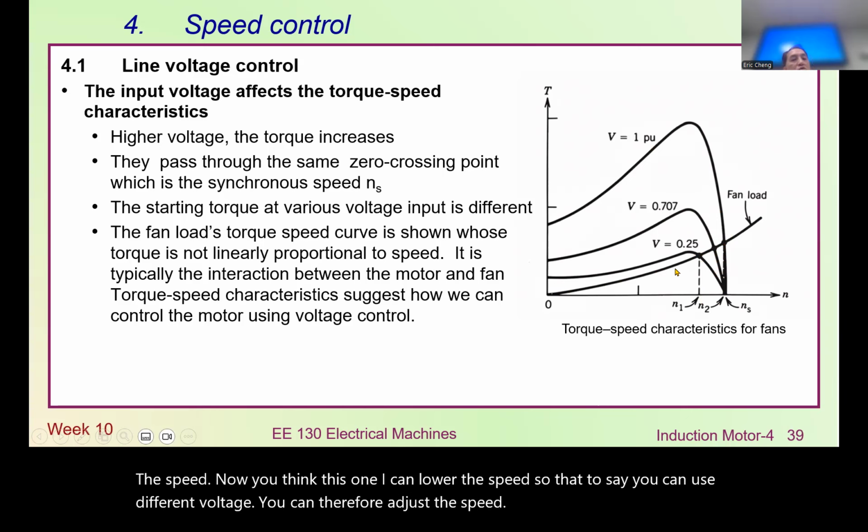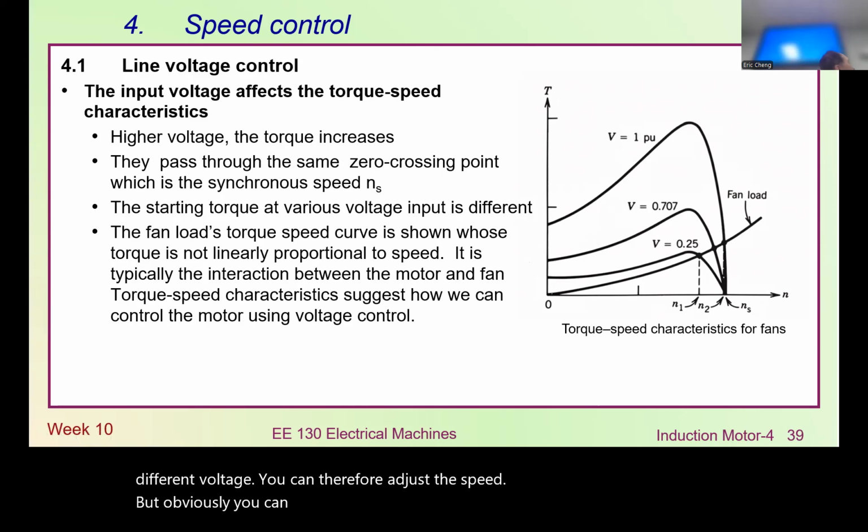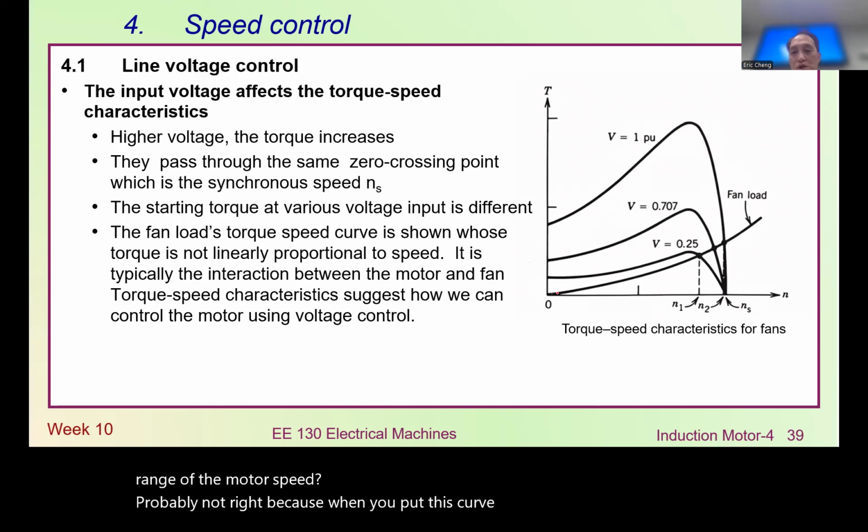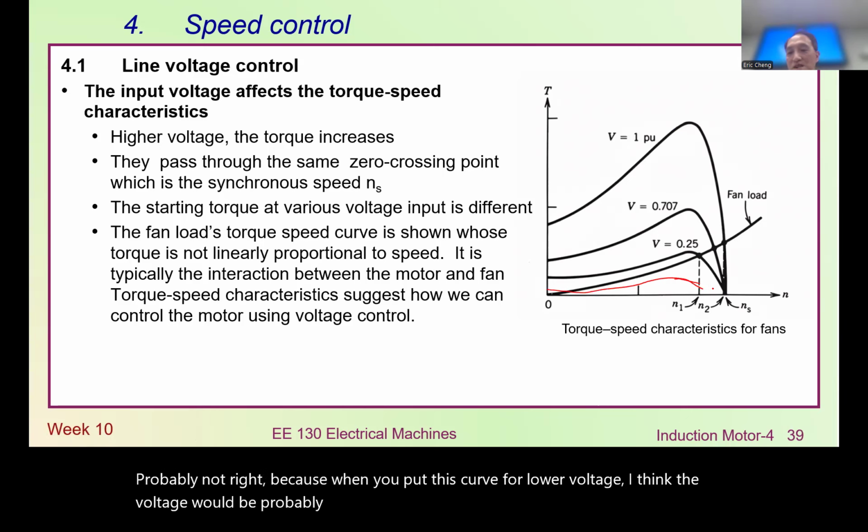But obviously, you can see a problem here. Do you think you can use the voltage to adjust the full range of the motor speed? Probably not, right? Because when you plot this curve for lower voltage, it will be probably something like that.